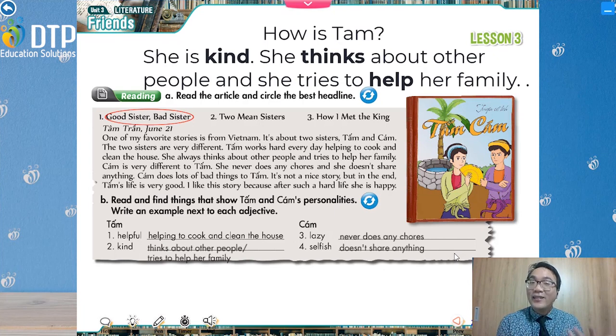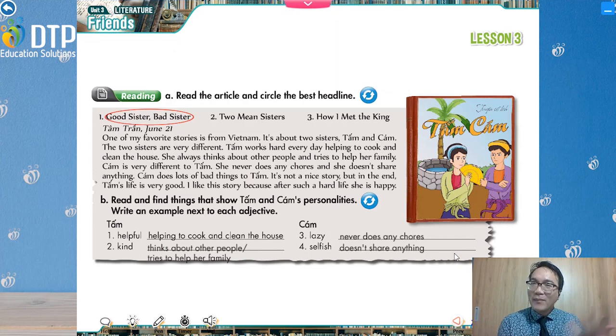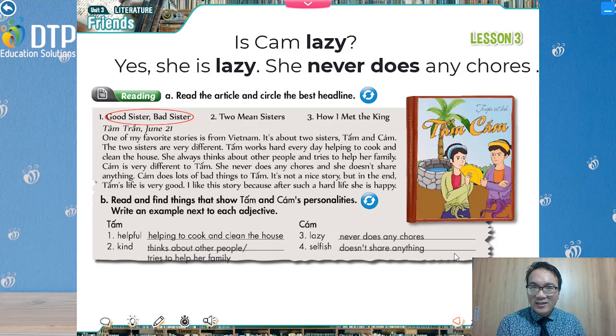She thinks about other people and she tries to help her family. Now, how about Cám? Is she different? Yes. So, how is Cám? Is she lazy? Yes, she is lazy. She never does any chores.